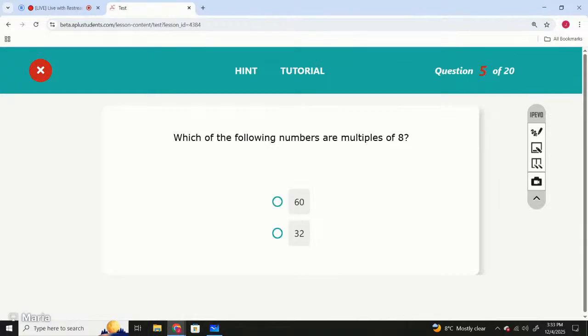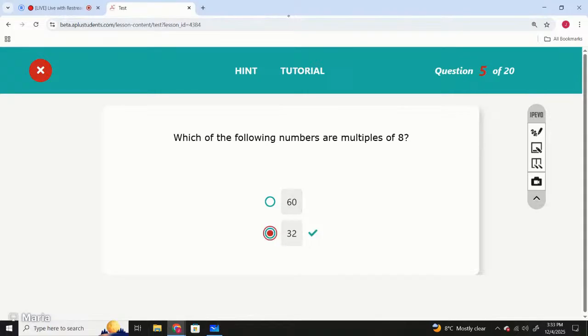Which of the following numbers are multiples of 8? That is 32.